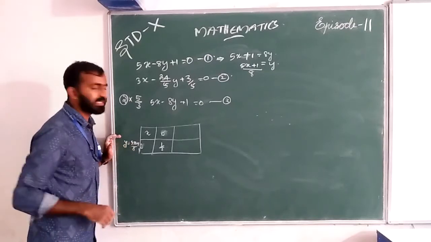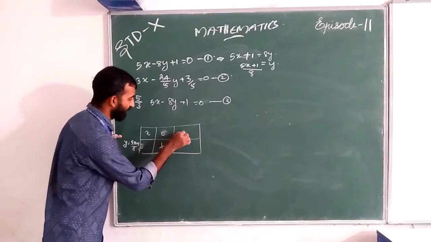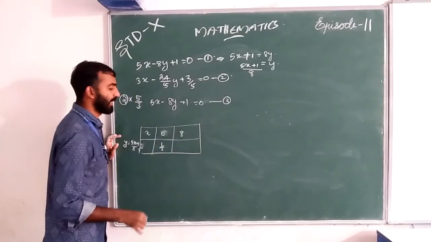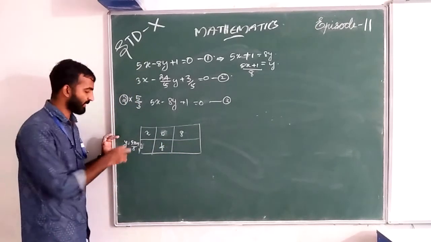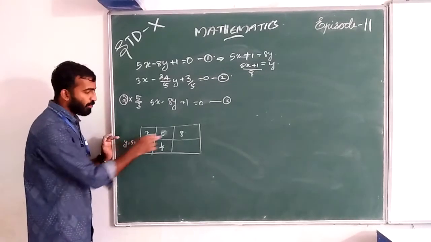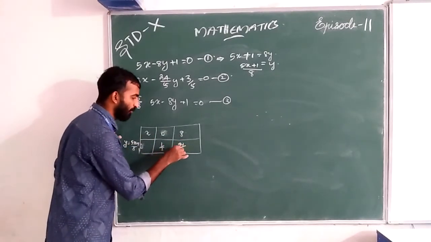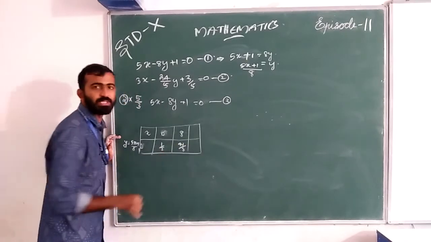And when we give x as 8, we get 5 into 8, 40, plus 1, 41 by 8. Yes.